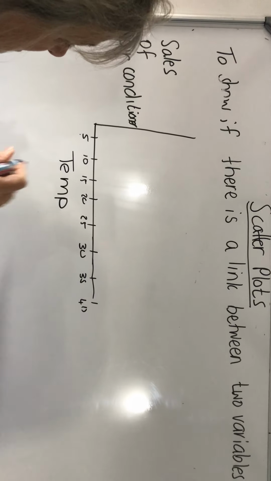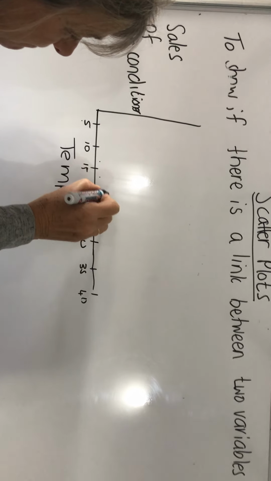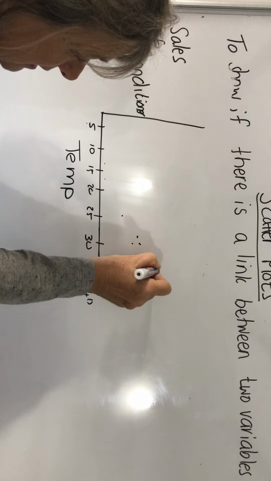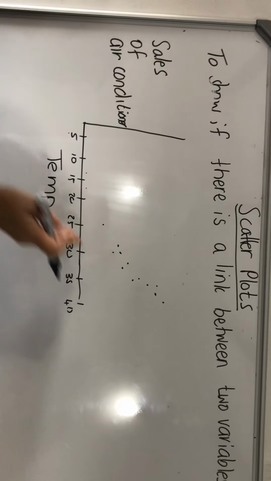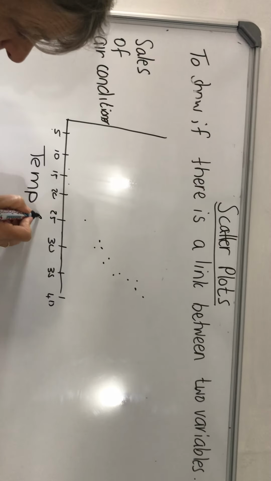Okay, so we probably start to see very few air conditioners bought at these temperatures, but here we might see a very strong number of air conditioners bought as the temperatures reach the 40 degrees.